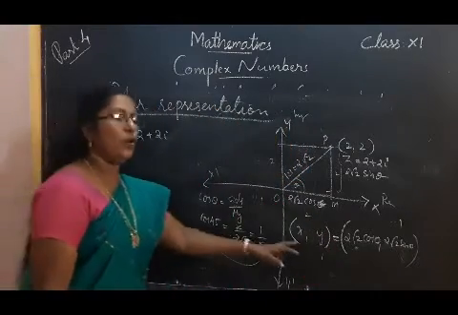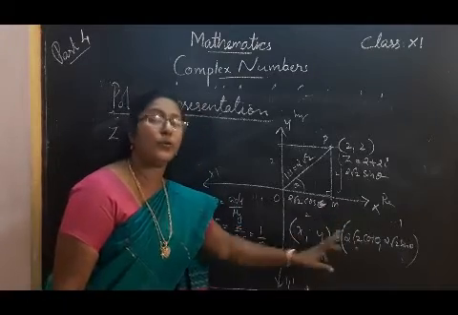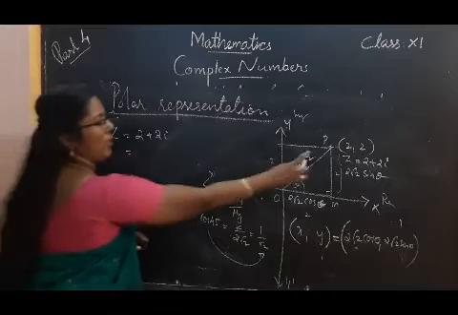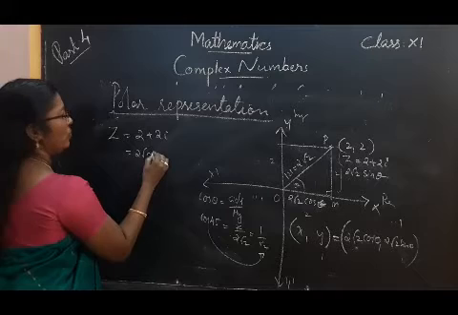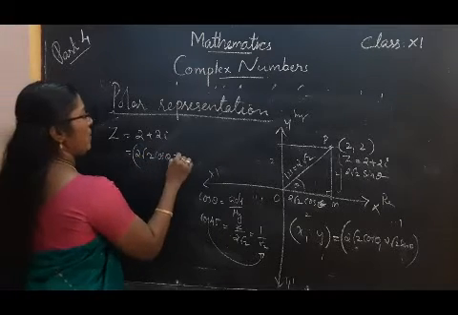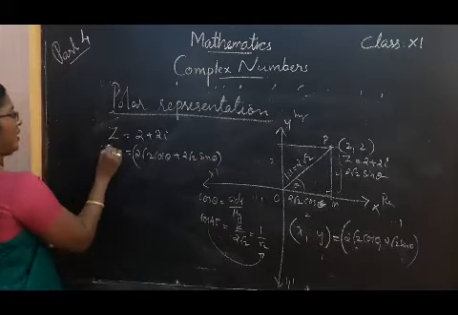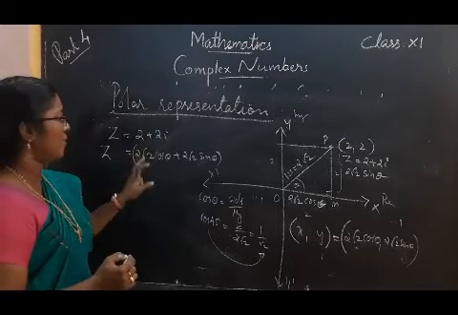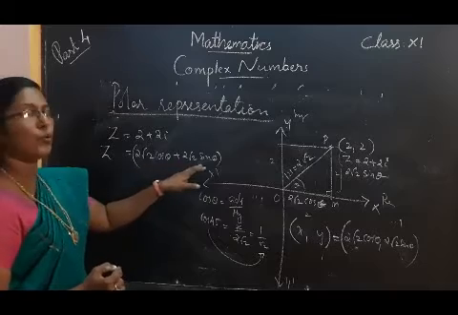Instead of this x coordinate 2, we write 2 root 2 cos theta plus 2 root 2 sin theta. Here z is, rewriting the x coordinate as 2 root 2 cos theta plus 2 root 2 sin theta.